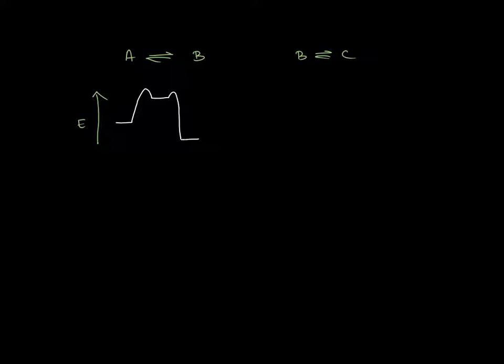And so this reaction would be overall a forward reaction because the starting material compared to the final product is more stable. But you have to go through B to get there. So the initial starting material is A, and the final product is C. We would call B, which I've written up here twice, the reaction intermediate.